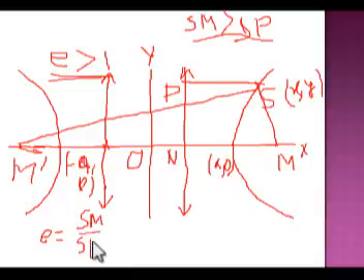Now simply I am deducing: when the variable point comes here at the vertex A, we will get AM by AN, which is also equal to the eccentricity.